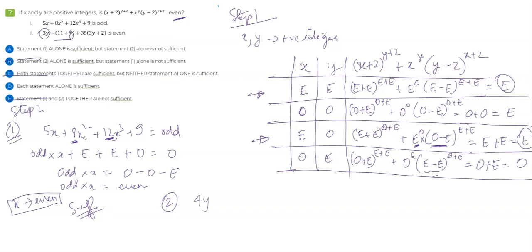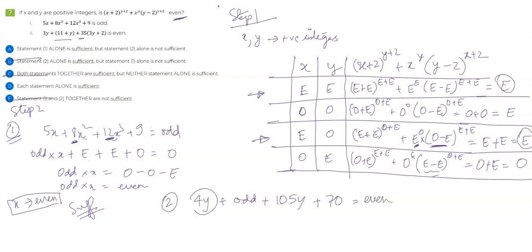Let me rub this so that you can see what I'm doing. Plus 11, which is odd, so I can write this as odd, okay. Now 35 times 3 would give you 105y, plus 35 times 2 is 70, and this is even, okay.